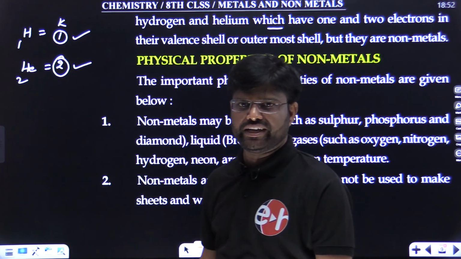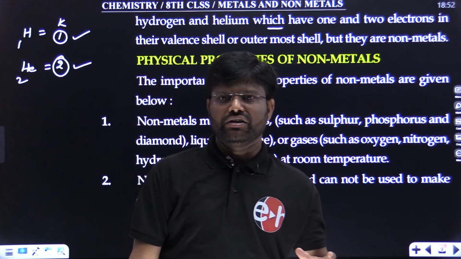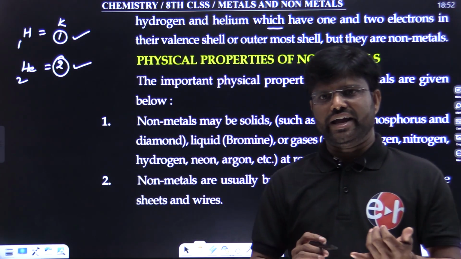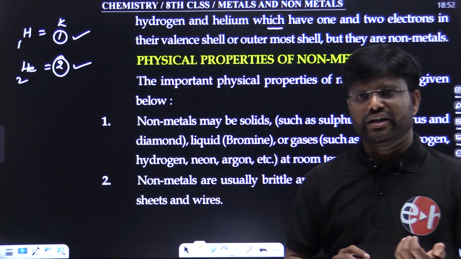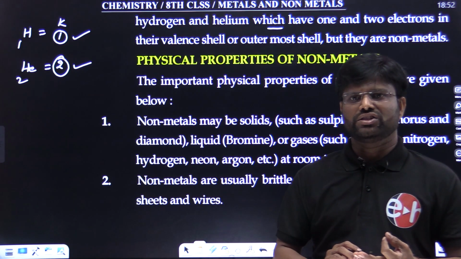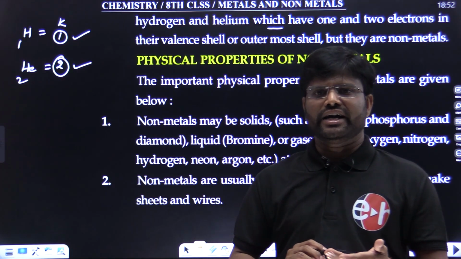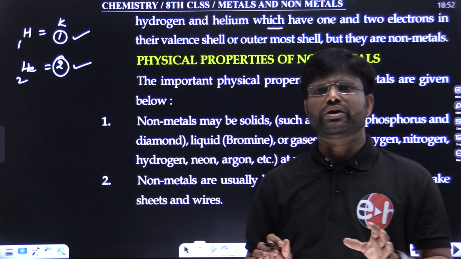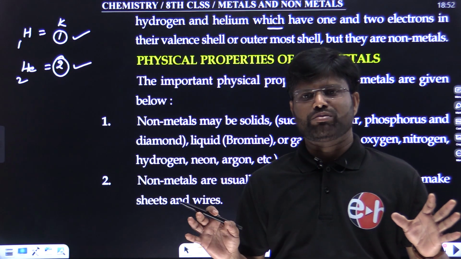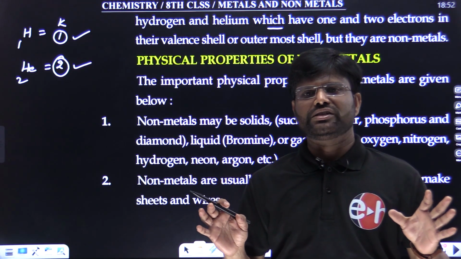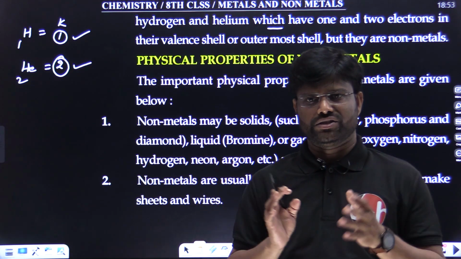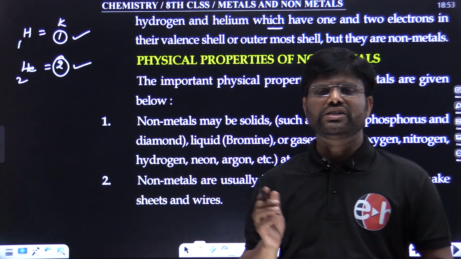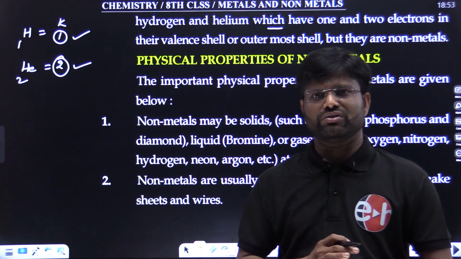What I am telling here, once again: if they don't exhibit those physical properties like hard nature, lustrous nature, sonorous nature, malleability, ductility, good conduction of heat and electricity, those elements are called non-metals. The first definition was already explained: the tendency of an element to gain electrons.